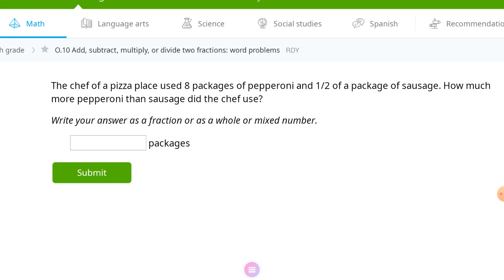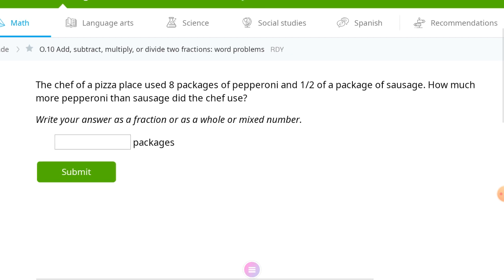The chef of a pizza place used 8 packages of pepperoni and half a package of sausage. How much more pepperoni than sausage did the chef use? No writing this one down. Jalen, what do we have to do? Tell me what we have to do first, and then I'll let you go. So they used 8 packages of pepperoni and half a package of sausage.